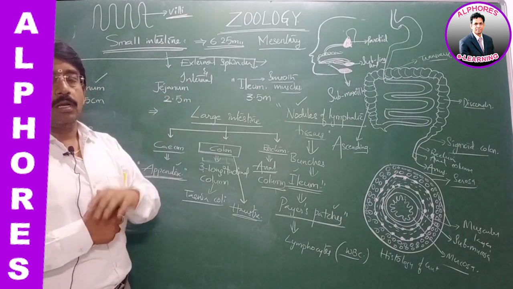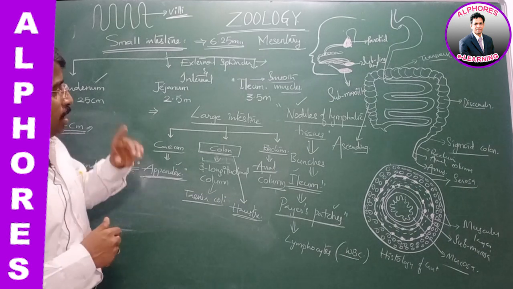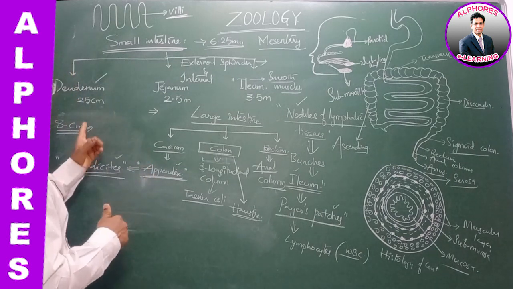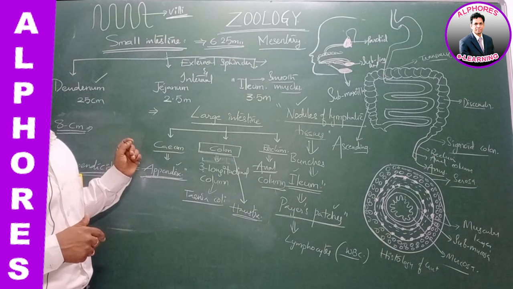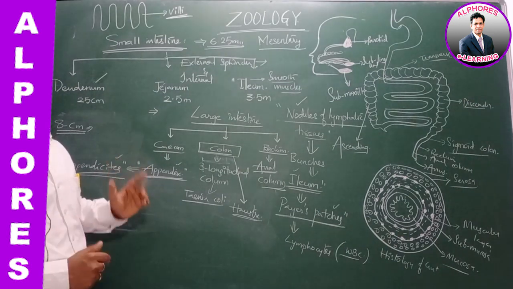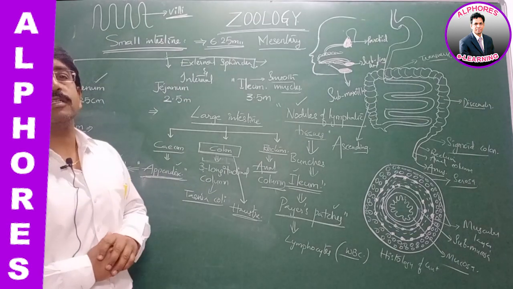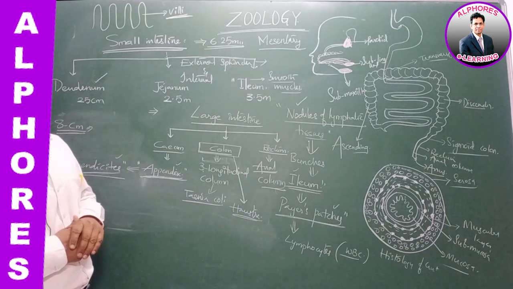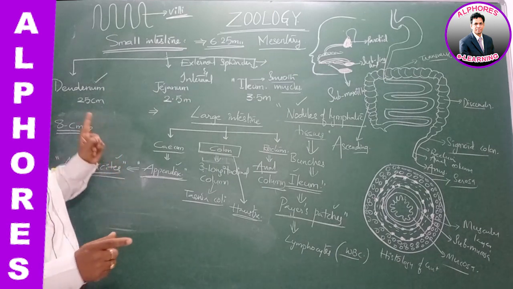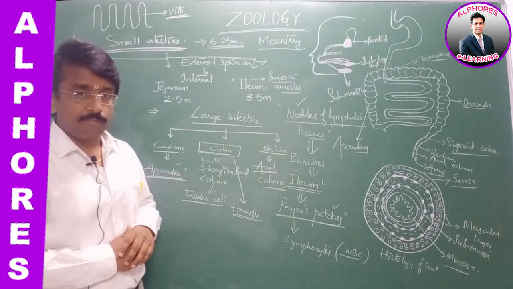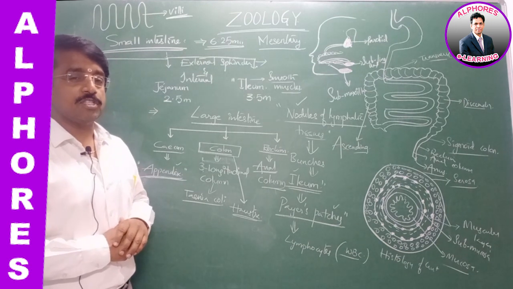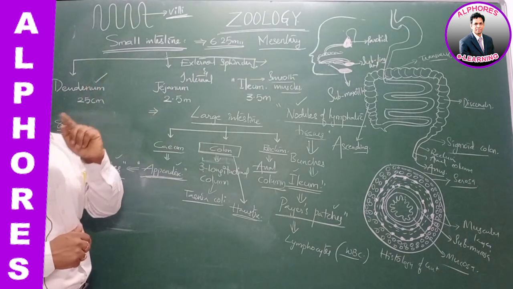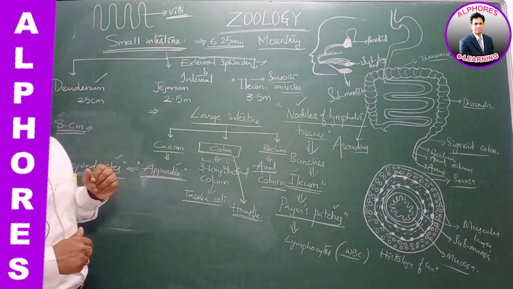These juices are released into the duodenum for digestion. Alkaline conditions are needed for digestion in the intestine, and this is provided by the bile juice and pancreatic juice, which is favorable for fat digestion.